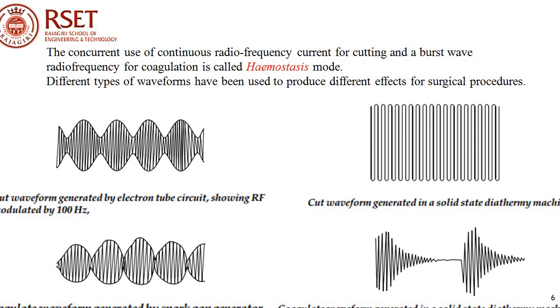The concurrent use of continuous radiofrequency current for cutting and a burst wave radiofrequency for coagulation is called hemostasis mode. Different types of waveforms have been used to produce different effects of surgical procedures. This figure shows the typical waveforms found in commercial equipments for cutting and coagulation.